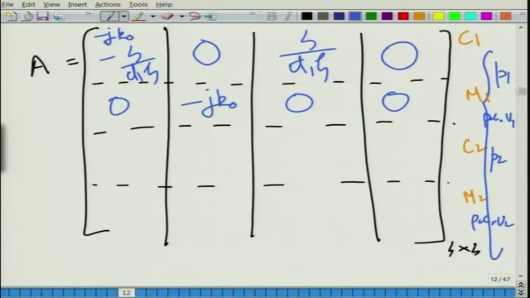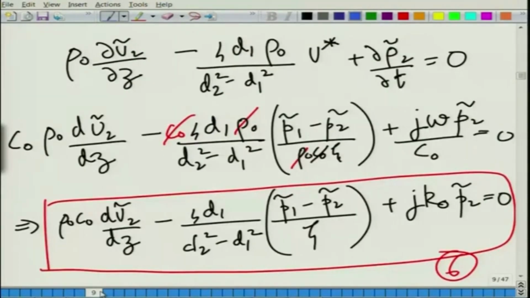Now, let us worry about the other part, that is the continuity equation in the duct in the annular part. So that is, I guess, this equation. What are the terms that are contributing for the third row? Well, this we will worry about at a later stage on the left hand side, and the only terms here that are contributing is minus j k naught for P2.